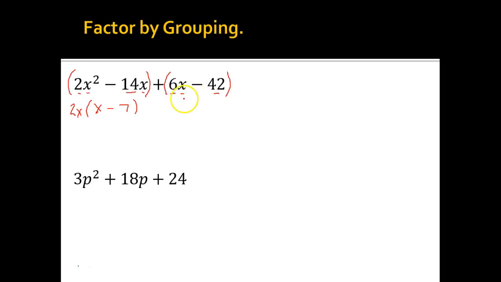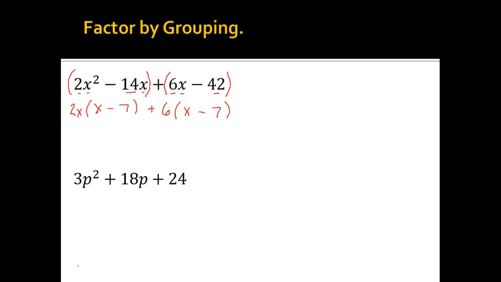So this has a common factor of 6, so put that plus sign down. 6, and then what's left over when we take out the 6: x divided by 6 is x, and 42 divided by 6 is 7, and wouldn't you know it, both of the remaining terms after we take out the GCF were x minus 7. So x minus 7 times and x minus 7.